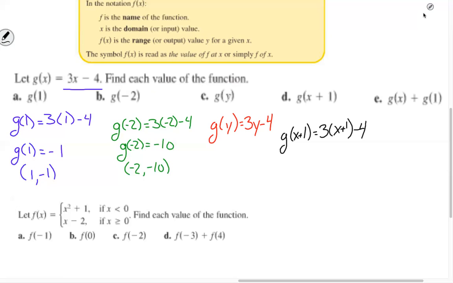Now I can clean this up, Chris. 3 times x is 3x. 3 times 1 is 3. Minus 4 is negative 1. Okay?